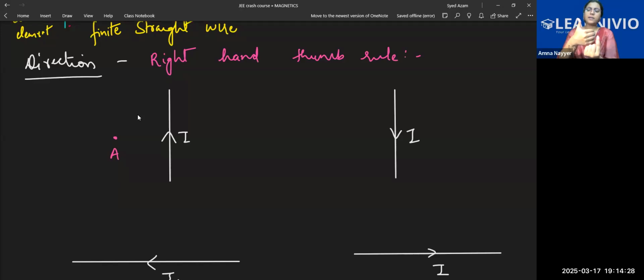So I'll see where my fingers are curling. You can clearly see these are pointing towards me, away from the laptop screen, so this is pointing outwards, out of the page. And remember, for outwards, you use this dot. This is one method which you can use.